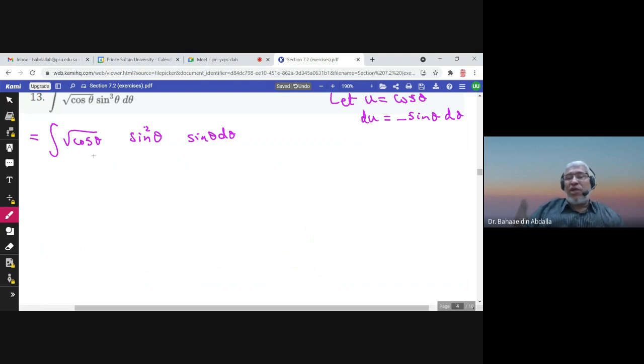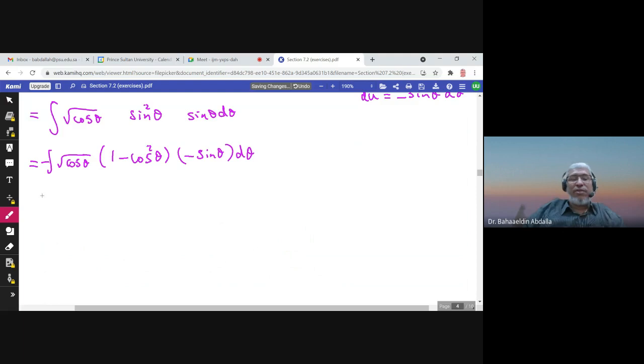Now cosine is okay with me, but I need to change sine to cosine. So I will have square root of cosine times 1 minus cosine square theta and times negative sine theta d theta, and I'll put the minus outside.